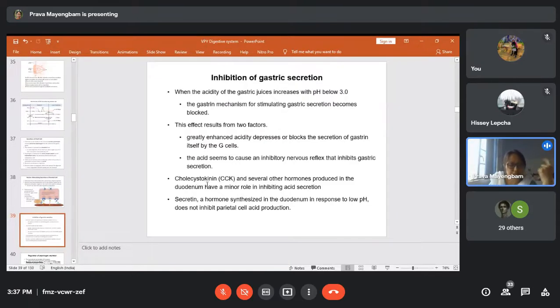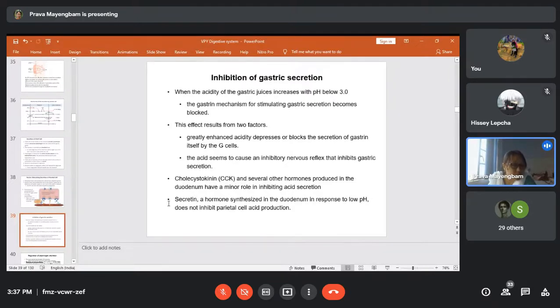Okay, so now this cholecystokinin secretion, and to some extent some other hormones which are produced in the duodenum, also seem to have some amount of inhibitory action on acid secretion. Okay, another hormone, secretin. Secretin is a hormone synthesized in the duodenum in response to low pH.